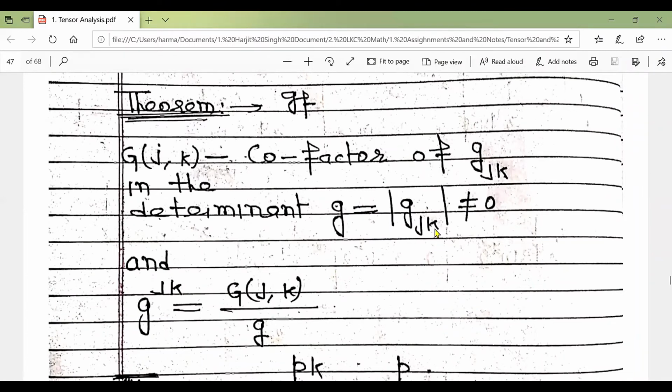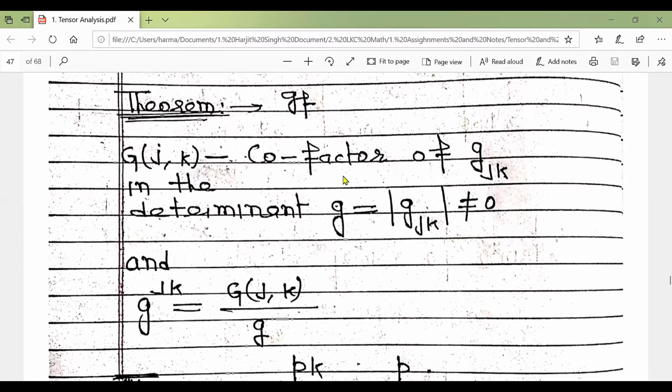Now, in the previous lecture, we discussed how we can find the metric tensor, the covariant metric tensor, and the reciprocal metric tensor, which is the contravariant metric tensor.